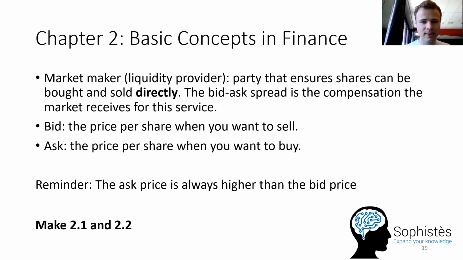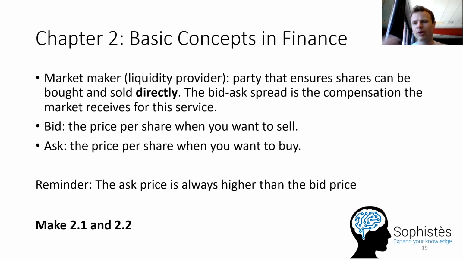Okay, let's start. So here you have some basic concepts in finance, and that's the market maker, also the liquidity provider. The idea is basically as follows. If you are the owner of a stock, let's say Apple, and you want to sell it, what would be really inconvenient is having to look for another person that wants to buy that stock from you.